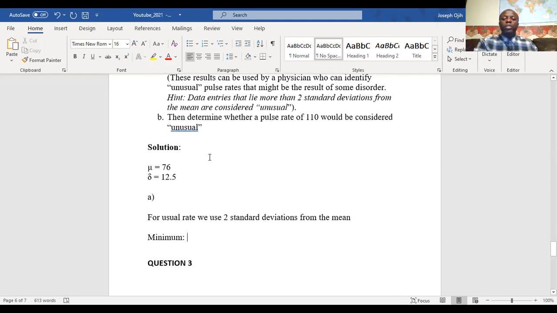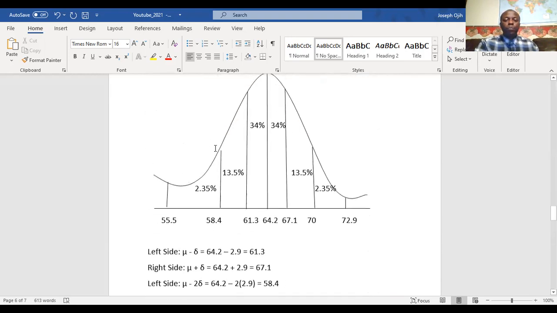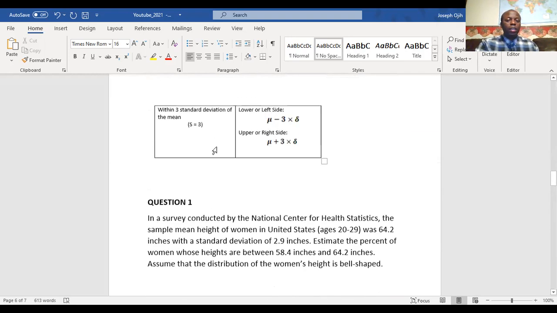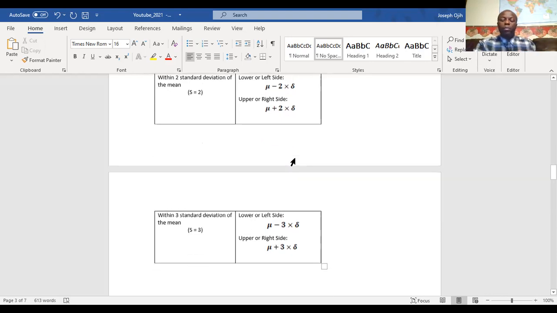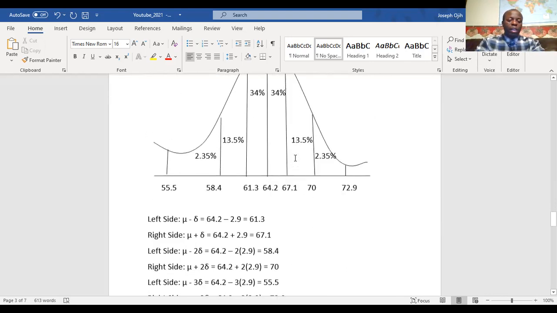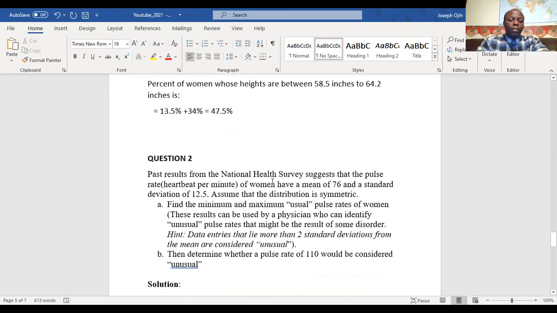For the two standard deviation, we use the formula mean minus two standard deviations for the minimum, and mean plus two standard deviations for the maximum. Make sure you're seeing all this. Good.